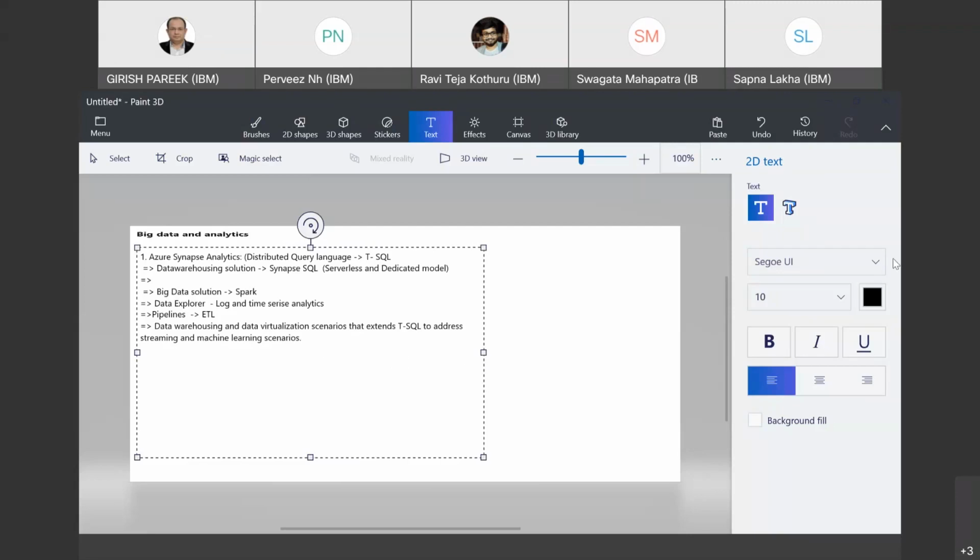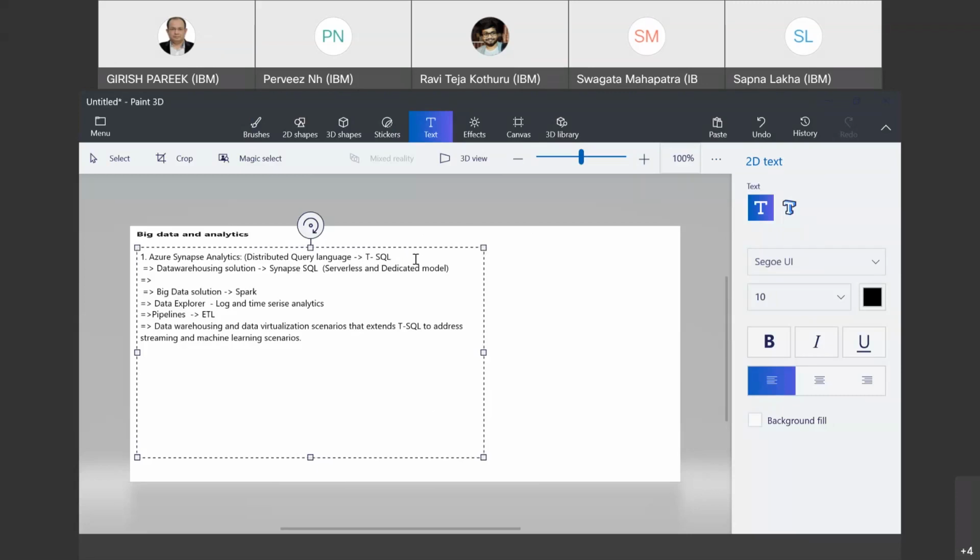Next is Apache Spark technology. Apache Spark for Azure Synapse deeply and seamlessly integrates Apache Spark, the most popular open source big data engine used for data preparation, data engineering, ETL, and machine learning.